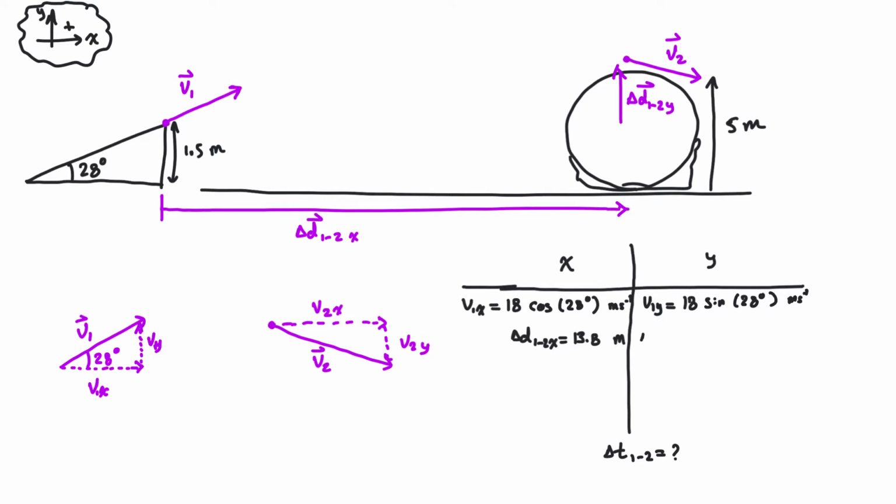The displacement from 1 to 2 in the y direction: in this particular case, we got 1.5 meters up here and we got 5 meters, so it's going to be 5 minus 1.5, or we can just write it as 3.5 meters. And the direction is upwards in terms of the displacement, and that's the positive direction, so positive, it's good.